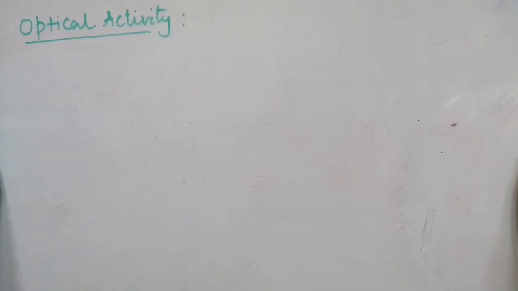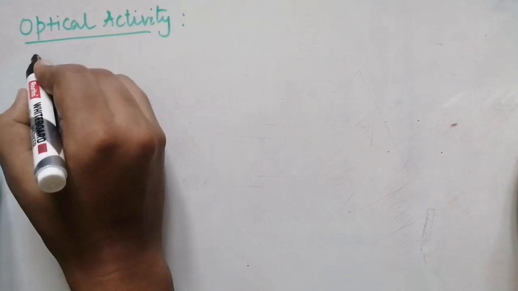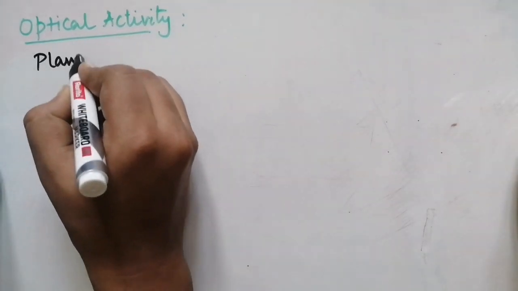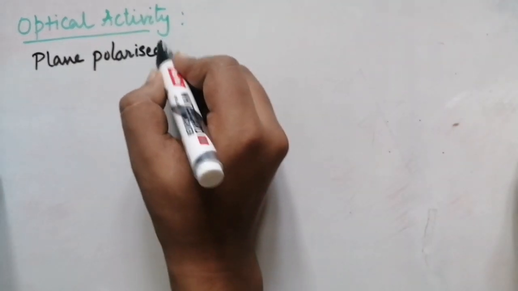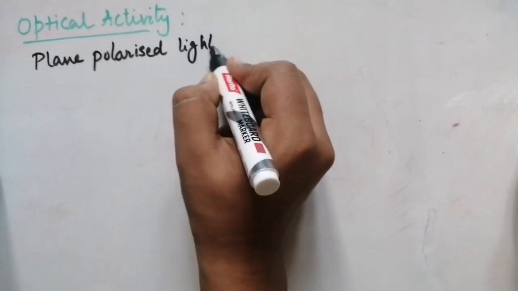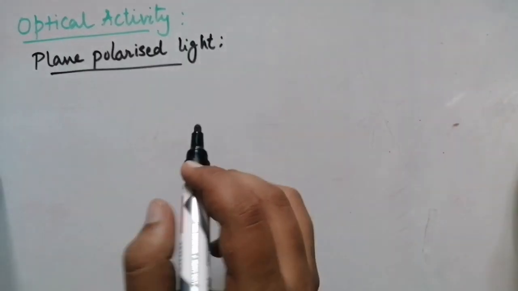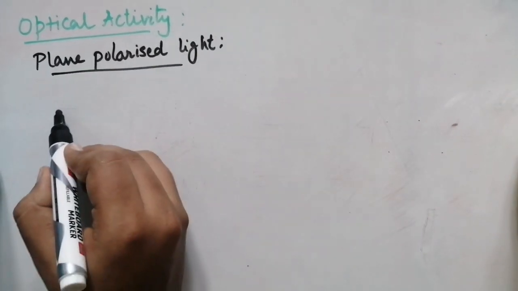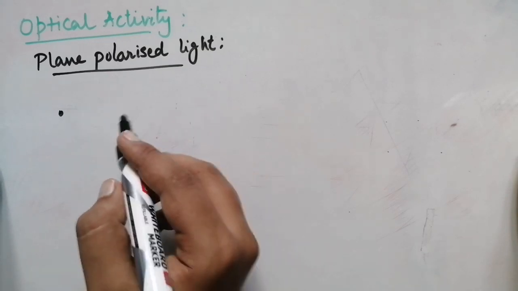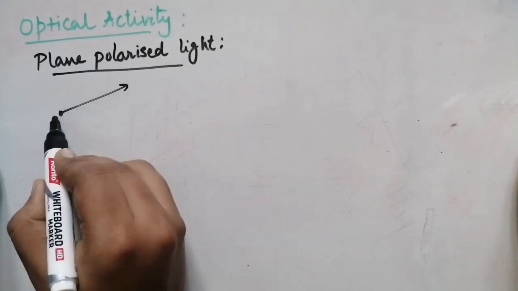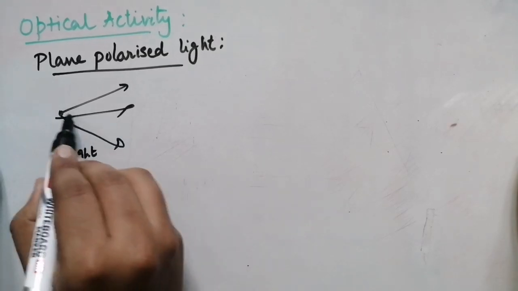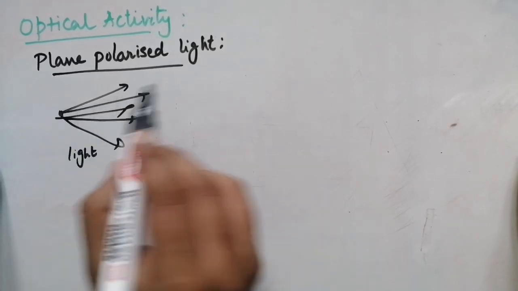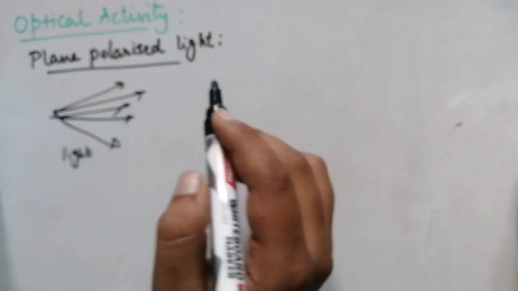The first term related to optical activity is plane polarized light. If a light is made to fall from a source, the light goes in all directions.